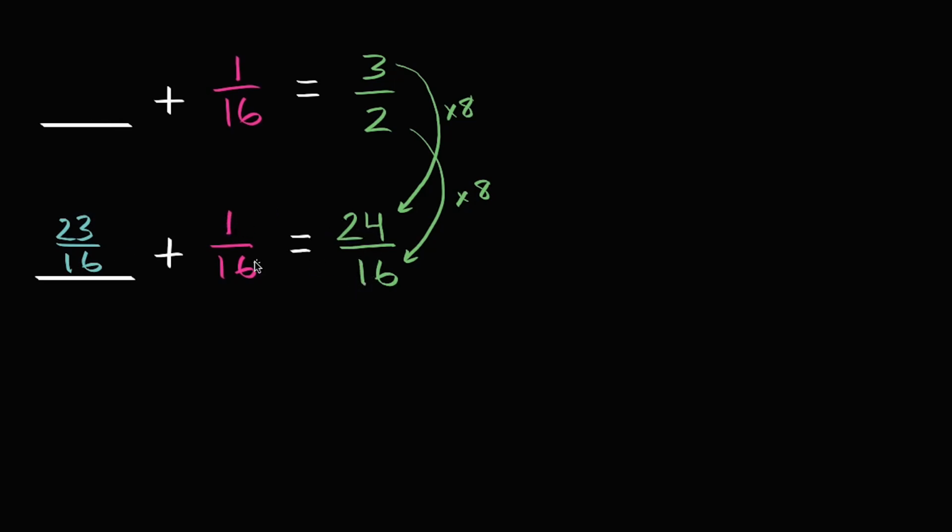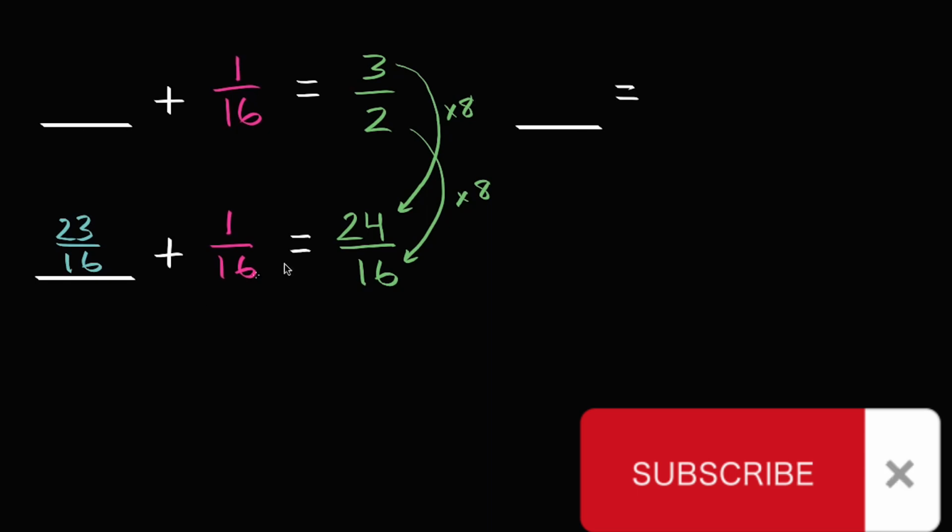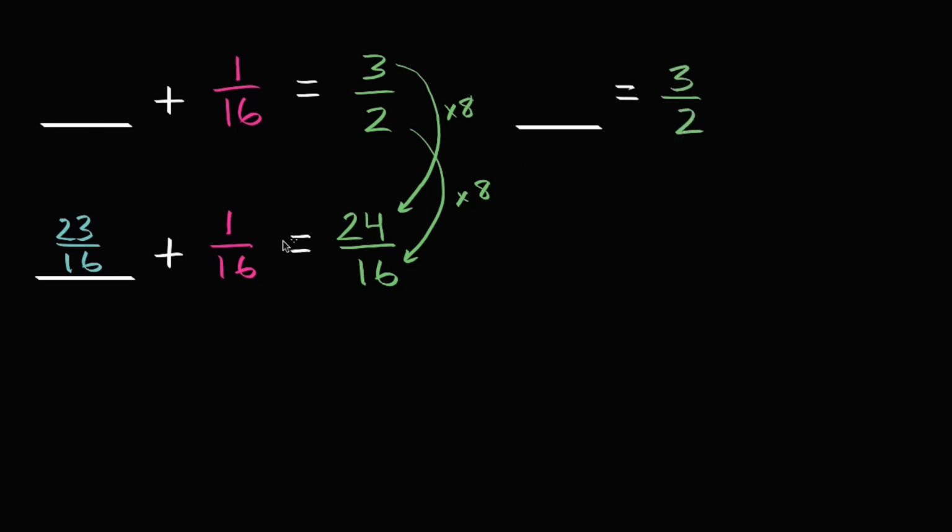Another way that you could have thought about it, you could even have thought about it from the first step, is you could say, look, if blank plus 1/16 is equal to 3 halves, then blank is going to be equal to 3 halves minus 1/16. This is another way that you could have tackled it.